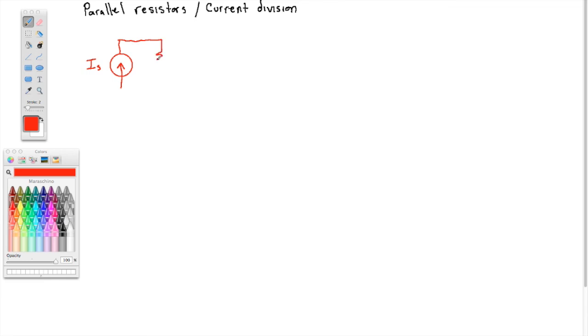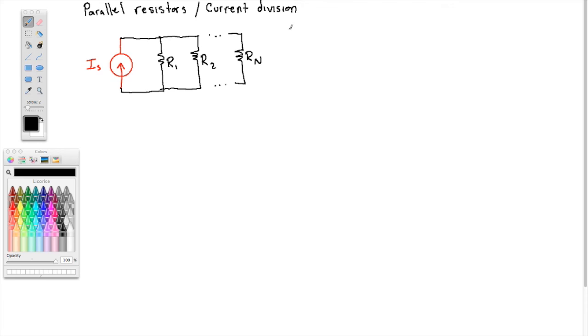And then I have a resistor in parallel with that, and I'll define parallel in a second. And I have another resistor. I have another resistor in parallel. And let's not stop there. Let's say we have n resistors in parallel.